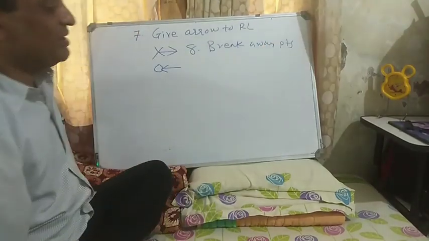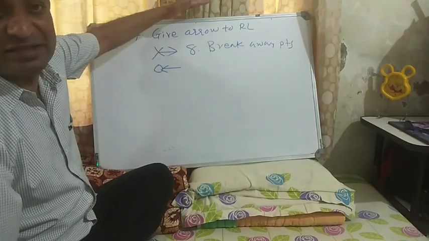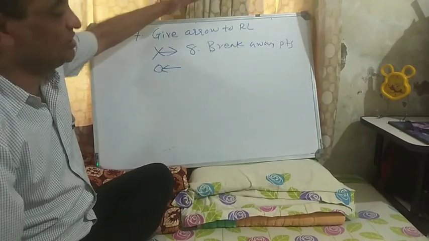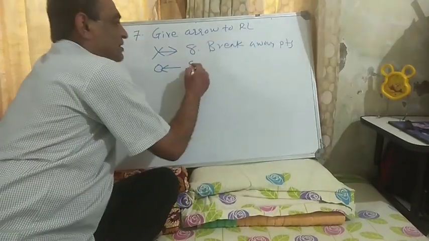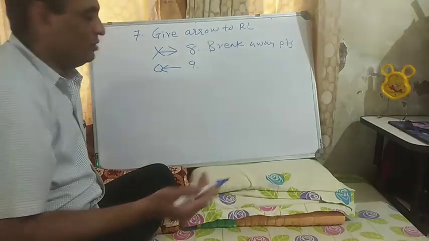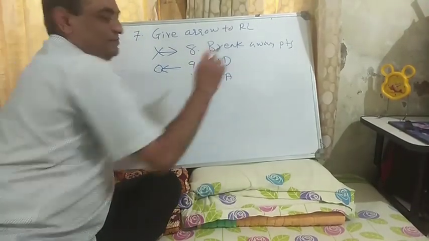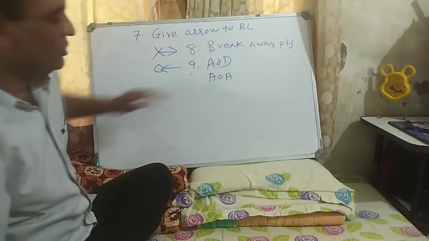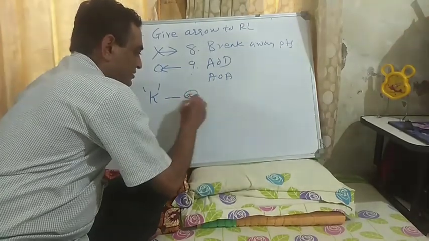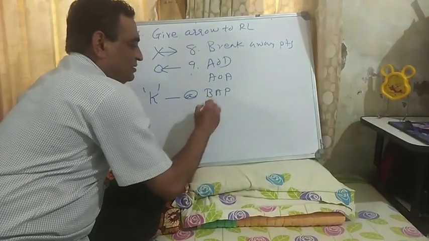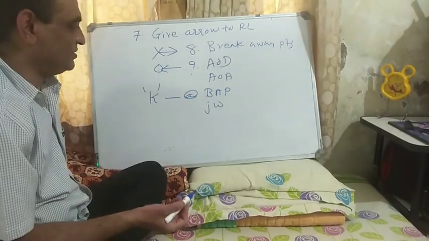Once you know this, then calculate breakaway points, if any. It may happen that there is no breakaway point. You can identify this from the portion of the real axis which is part of the root locus. So find the breakaway points. Then if there is a complex pole and complex zero, find the angle of departure and angle of arrival. Once this is done, you need to find the value of gain K at the breakaway point, then the imaginary axis crossing, if the root locus is crossing the imaginary axis.